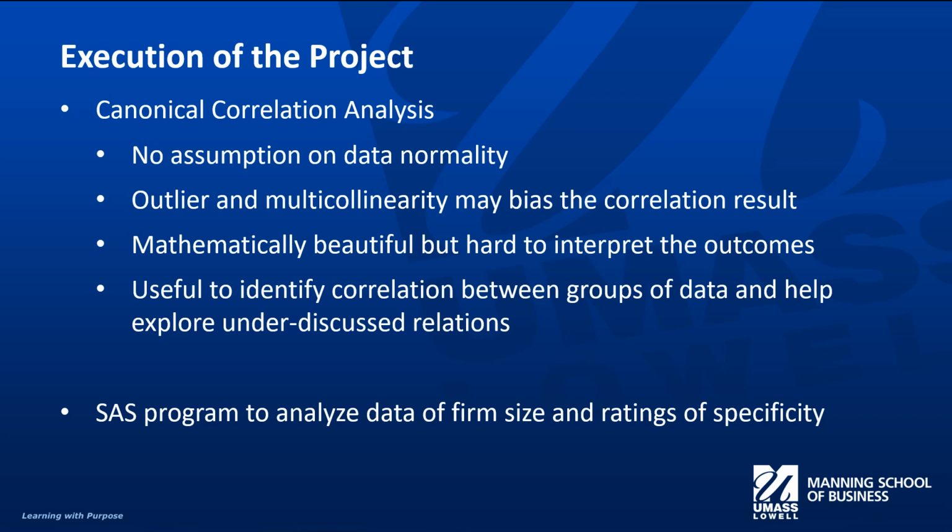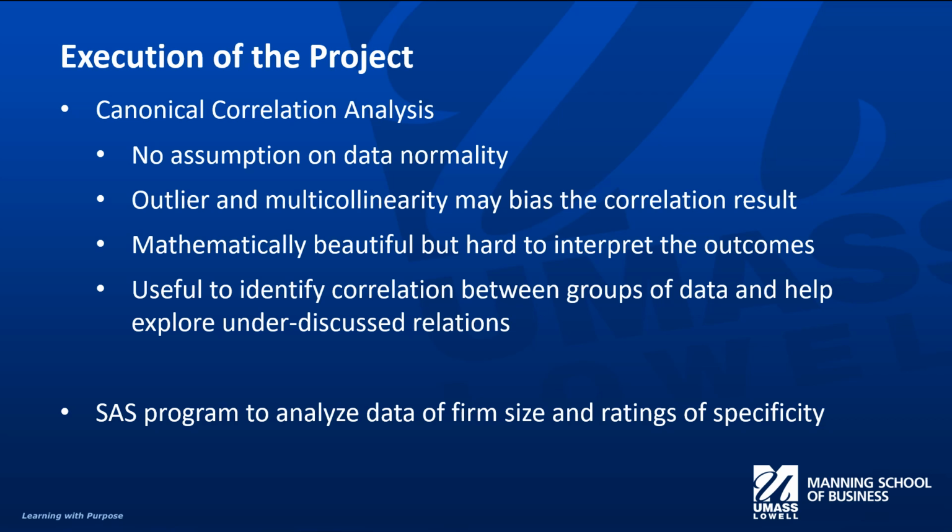However, I think it's still useful to adopt this method and identify any correlation between different groups of data. These findings may give us some help or inspiration to explore under-discussed relations between the data.